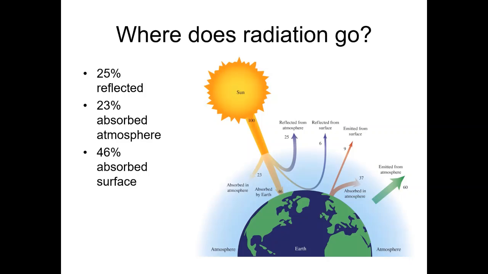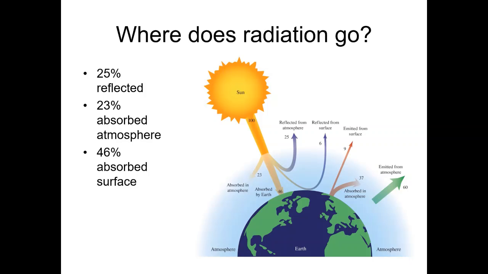So we have 23% is absorbed into the atmosphere. And so that is largely going to be your infrared light. And then you're also going to have 25% that is scattered off the atmosphere, never even gets down to us. So it gets put out into space.